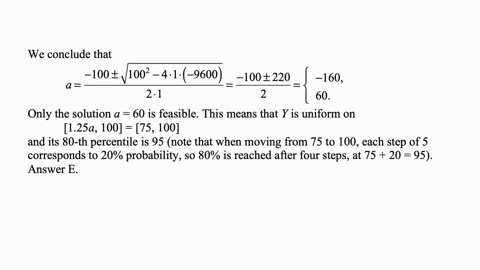You can calculate it formally in some way, but you can just note that when moving from 75 to 100, each step of 5 corresponds to 20% probability, because it's 5 steps of 5 that you take from 75 to 100, and so each of them is 1/5 of 100% probability, or 20% probability. So 80% is reached after 4 steps, and that's 4 times 5 equals 20. So 75 plus 20 equals 95.